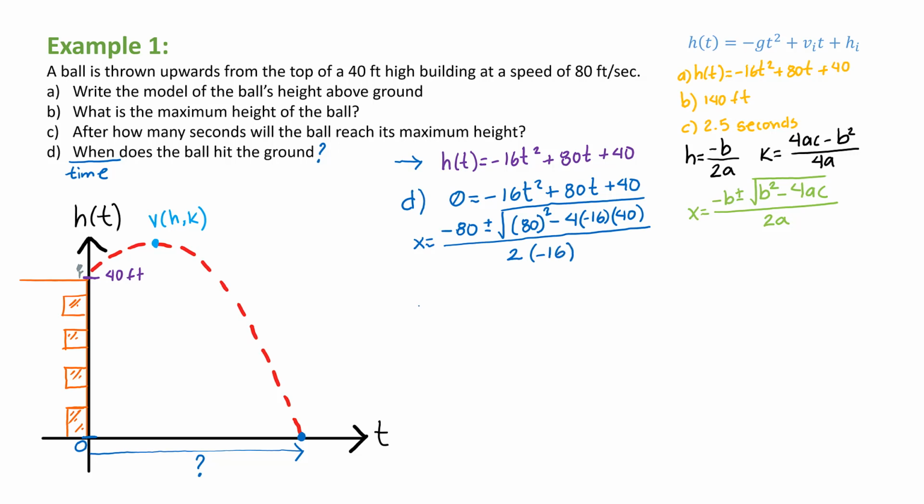Okay, so x equals minus 80 plus minus the square root of 80 squared, which is 6,400, minus 4 times minus 16 times 40, which is 2,560.